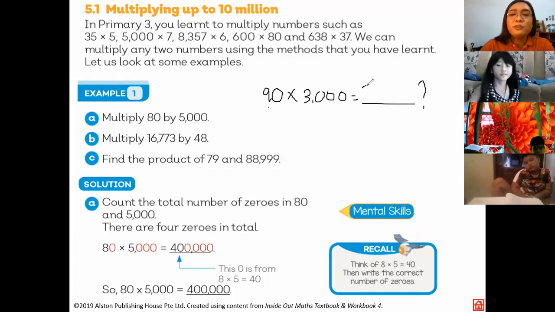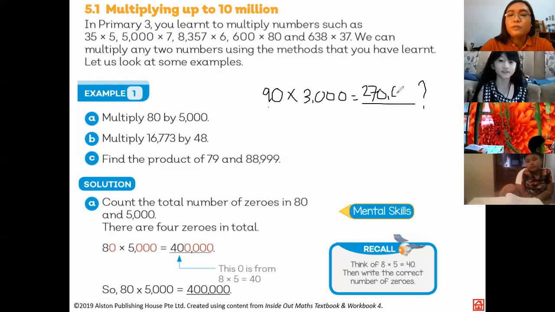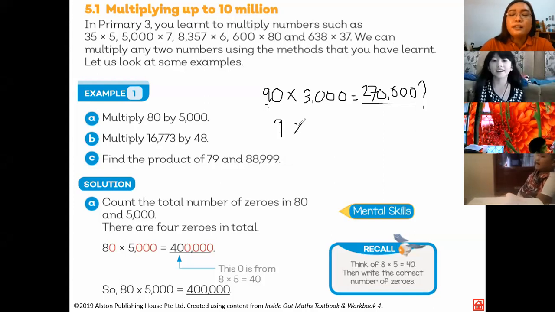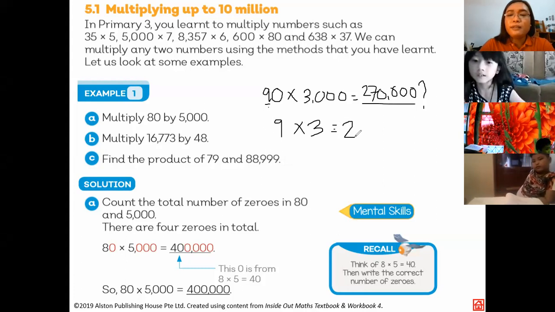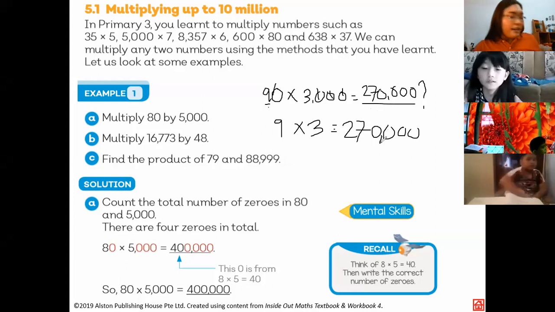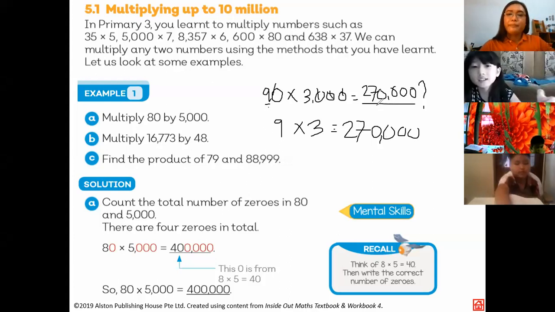Okay, that's 270,000. So you just have to multiply 9 times 3, that's 27, right? And then just add 4 zeros. 1, 2, 3, and 4. So that's 1, 2, 3, and 4. Okay, do you understand? Yes, I do.